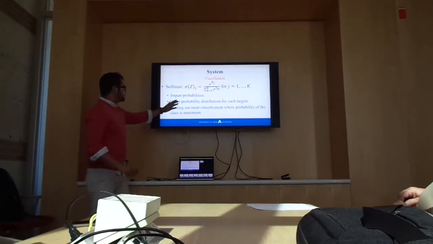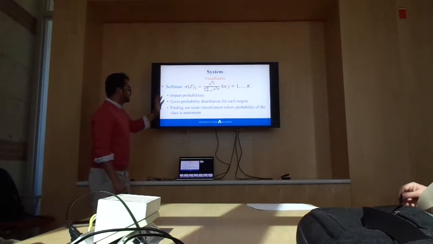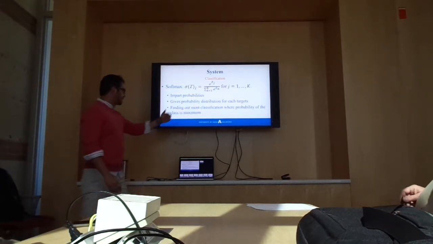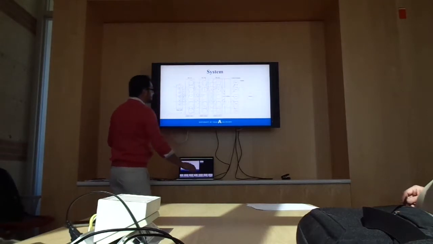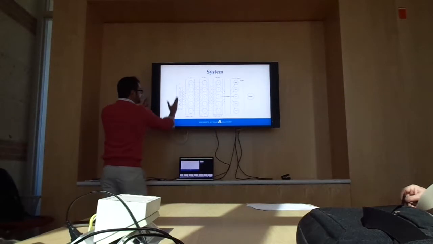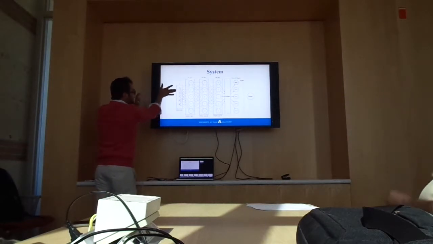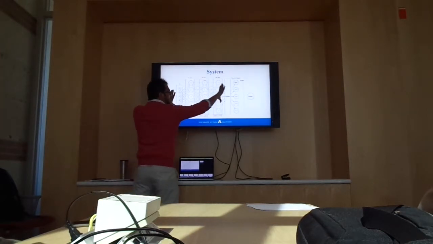So what it does, like I said, is impart probabilities, give a distribution for each target, and find the class where probability is maximum. Once we are through with this, this is what it looks like. This input vector, so weekday, hour, precipitation, temperature, and something else, goes to the entire neural network.